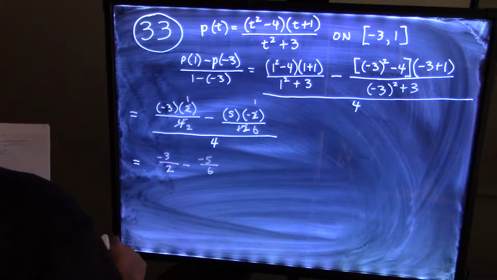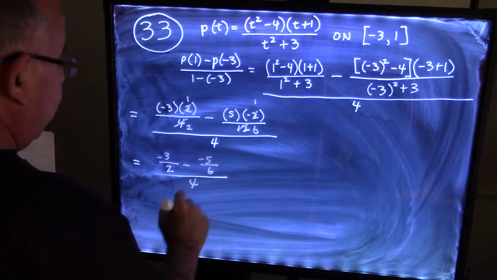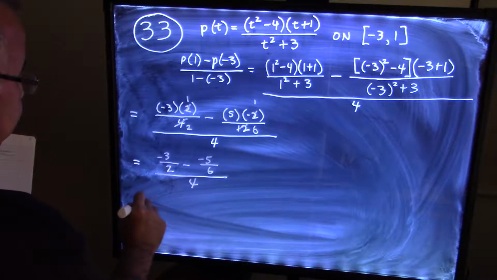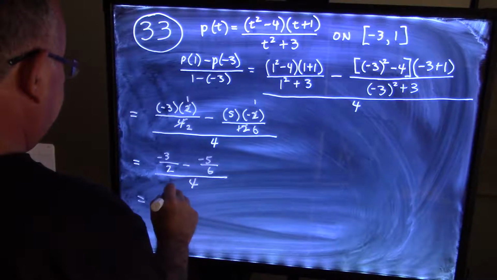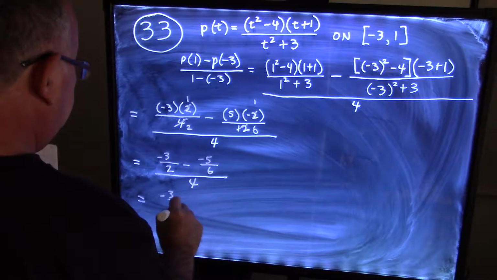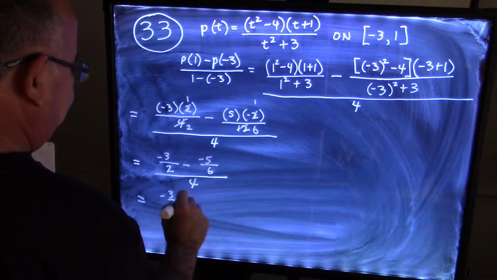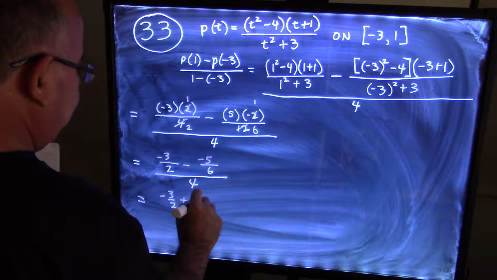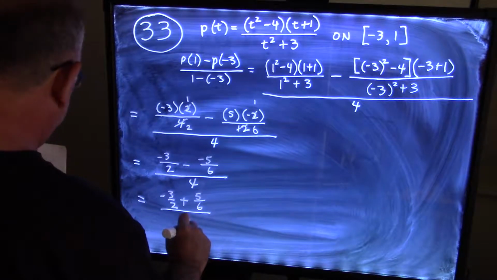Alright, over 4. And that's equal to, we've got negative 3/2, and this is a minus a negative, right, which is positive, plus 5/6 all over 4.